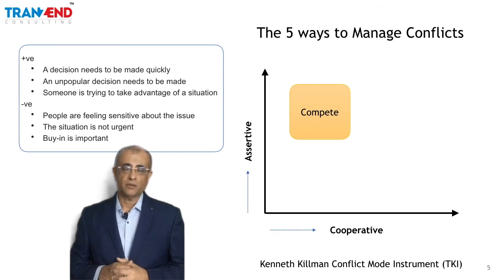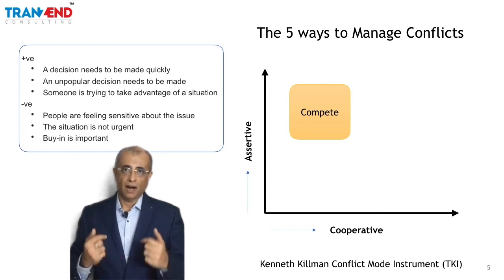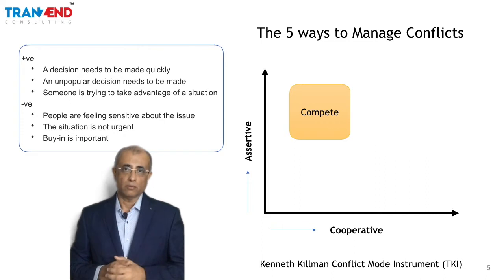Now in this situation, you may want to push through on this conflict with your supervisor, that yes, I know better about this team member and I'd like to let him go. Now in these kind of situations, as you can see, competing to resolve the conflict is a good idea.